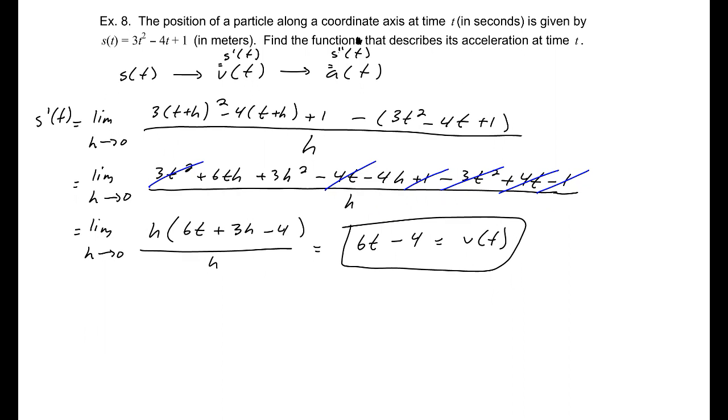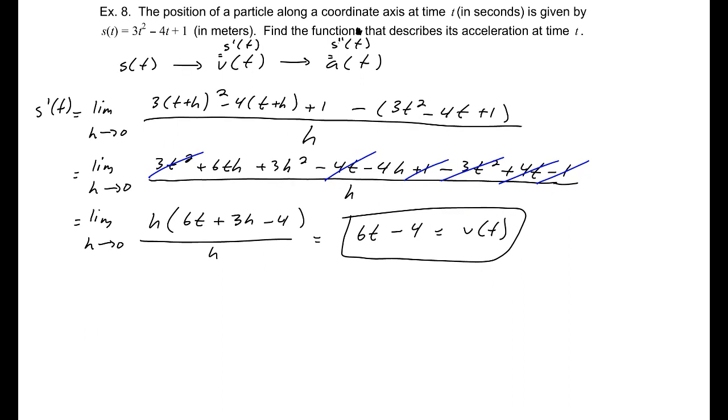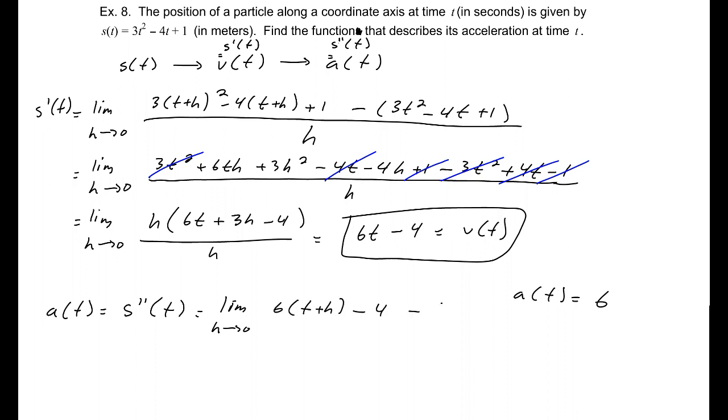All right, now we can sort of use a shortcut here because this function's linear, so the acceleration is going to be 6. Because that's the slope of that line. Now, of course, we can go ahead and write this. a of t equals s double prime of t equals the limit as h goes to 0 of 6 times t plus h minus 4, minus 6t minus 4, over h.